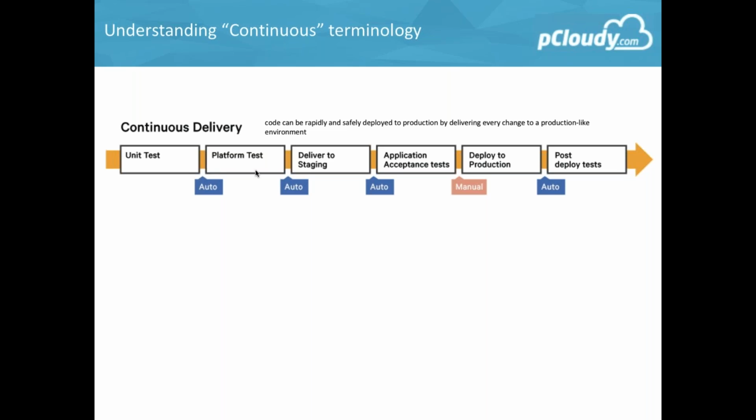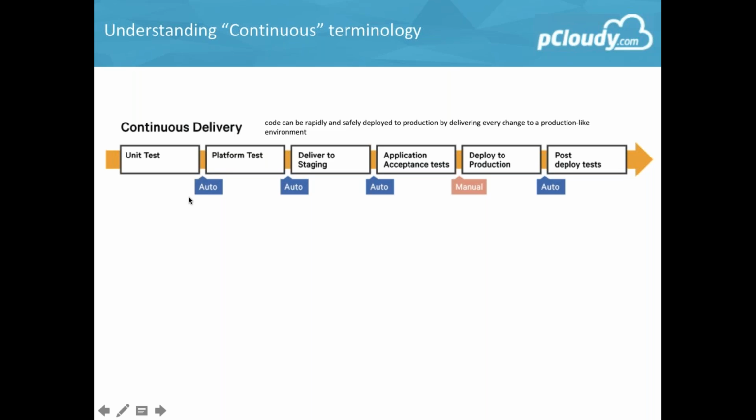integrated, tested, and pushed to a production-like environment on a continuous basis. And it is achieved through automated processes at every stage. And this is the real difference between traditional and continuous delivery approaches.